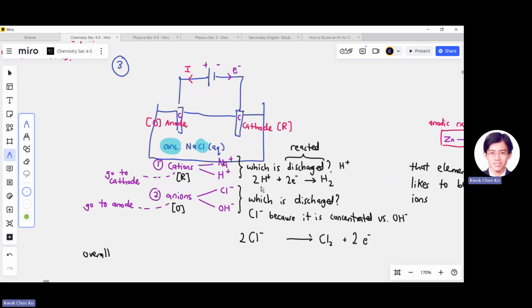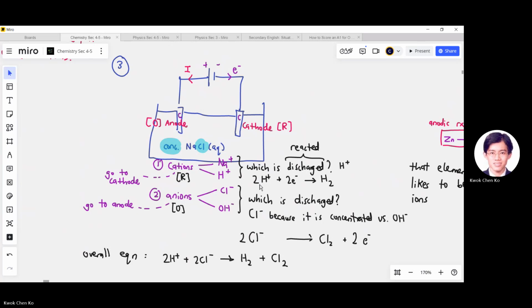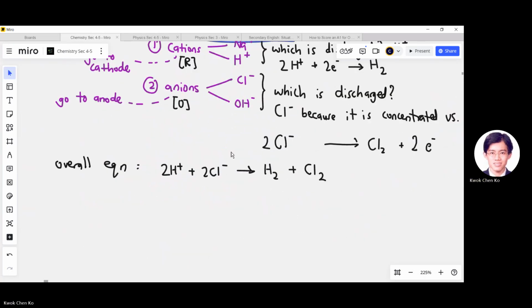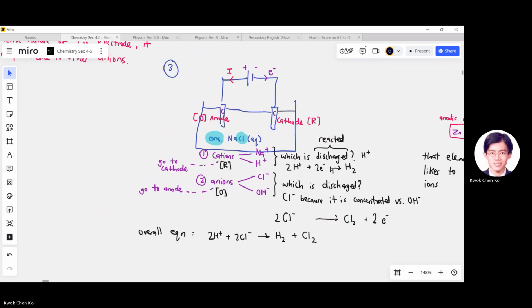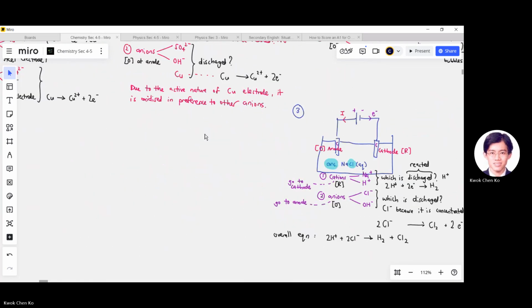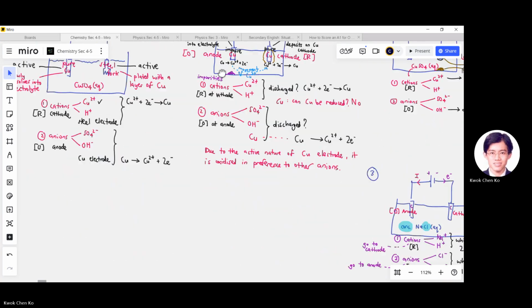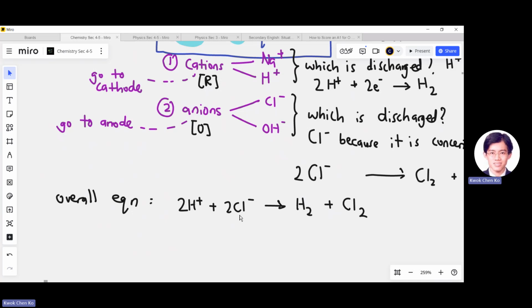Electrons are the same on both sides. Okay, scenario 3, you should get something like this. You should get this.